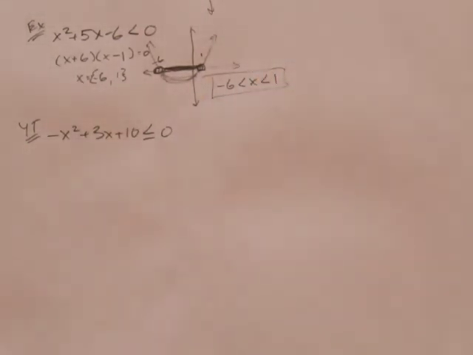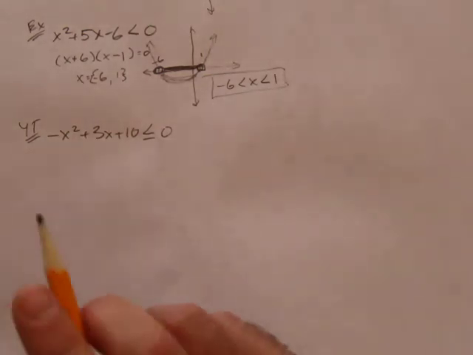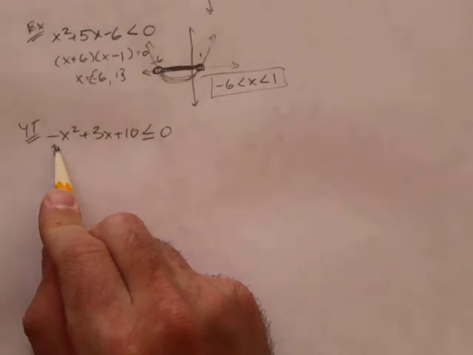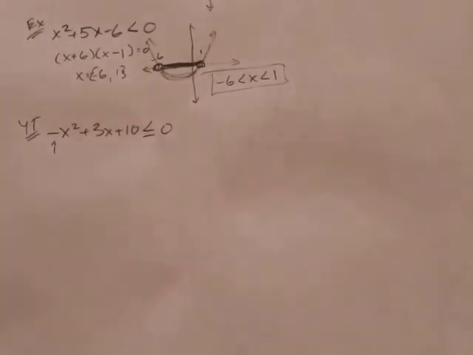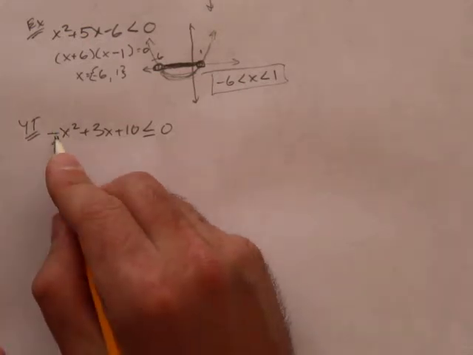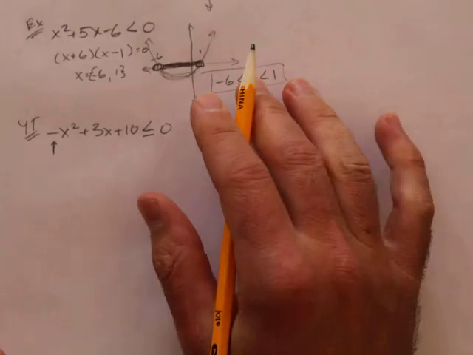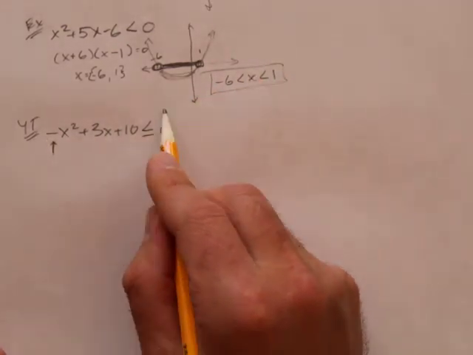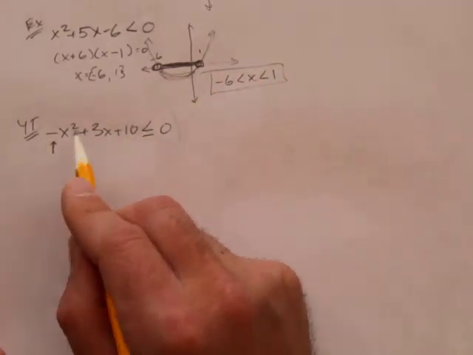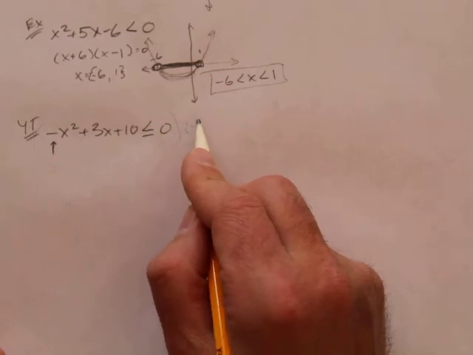Okay, let's see how you did. Now, this one is kind of tricky, because you have to take care of this negative in order to really do this one. I should have told you that before I told you to pause. So I need to multiply this whole thing, what I do to one side, I do to the other, by negative 1.